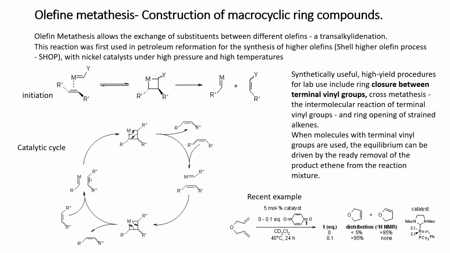Suppose this edge and this edge, this edge and this edge, combine together to form a cyclic compound, especially a four-membered cyclic compound, and later it undergoes fragmentation. After fragmentation, you have another alkene where the substituent groups are exchanged between these two alkenes.